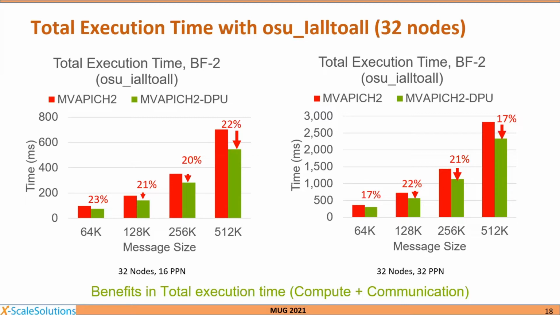For lower message sizes, we are about the same, sometimes slightly higher because of the overhead for offload. But for the larger messages you can see a significant improvement in the overall execution time, and that is sustained on both the lower PPN count as well as the larger PPN count.